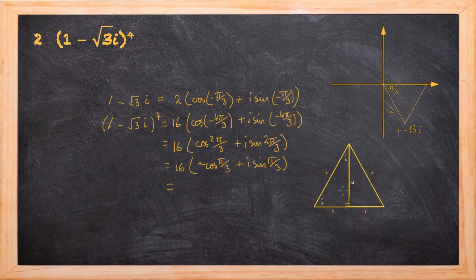Cosine would be adjacent over hypotenuse, that's 1/2. So negative 1/2 plus i times sine of π/3, opposite over hypotenuse, that's √3/2. And it's just a case of multiplying out: 16 times negative a half is negative 8, and 8√3i.